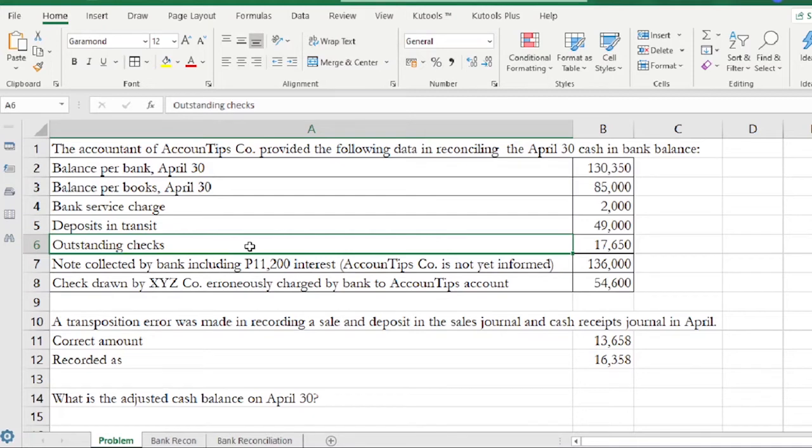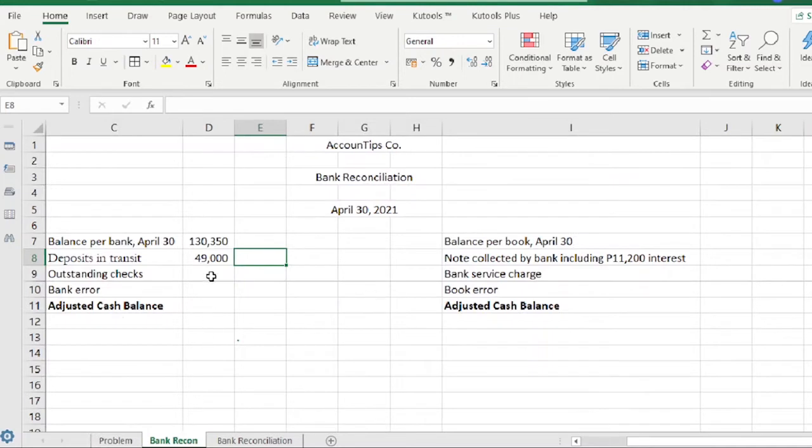Accordingly, we have to deduct this amount from the bank balance as of April 30, or 17,650. The bank balance is overstated without recording for these checks. That is why the operation that we will use for this adjustment is subtraction. Now we have to put it in our solution. So 17,650.